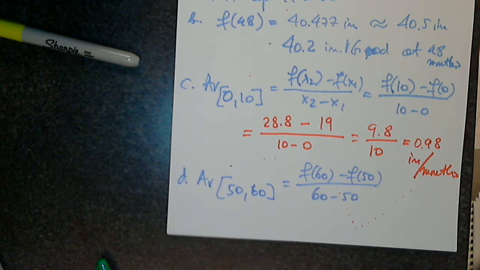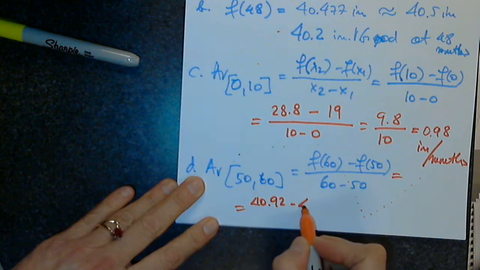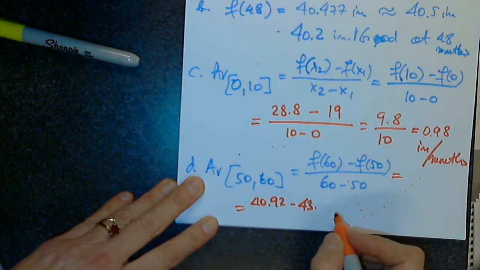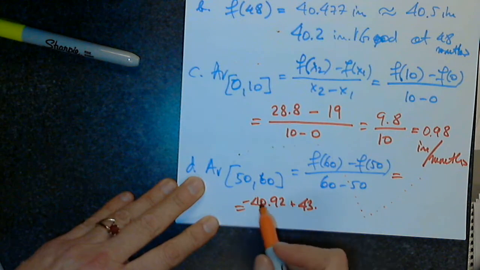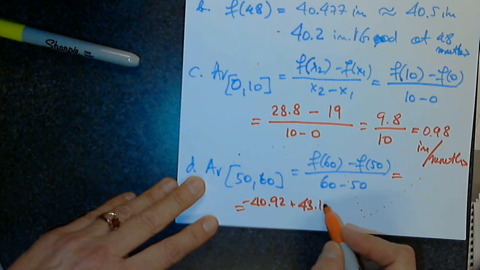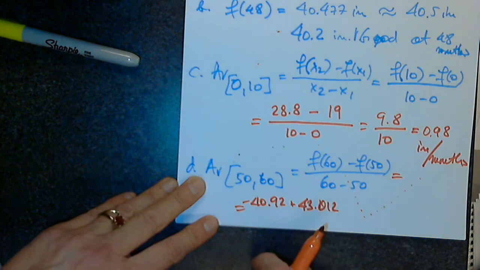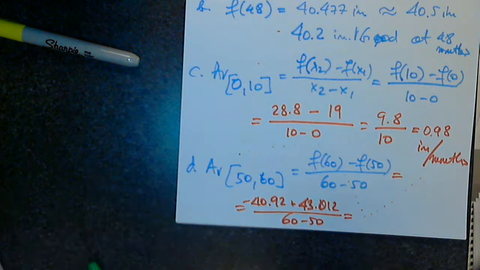I go back to my calculator. I plug in 50. I plug in 60. And I get 40.92 for 50 and 43.012 for 60.